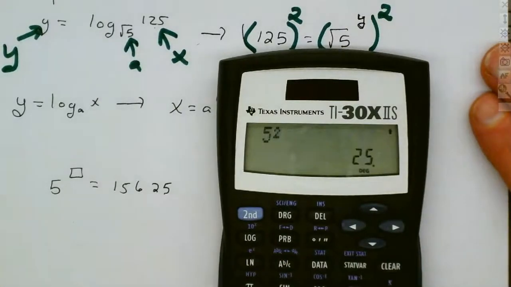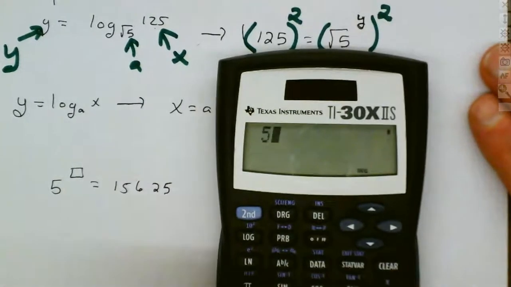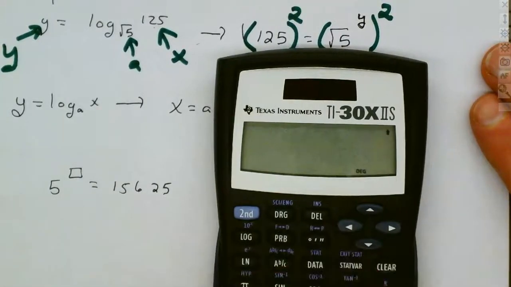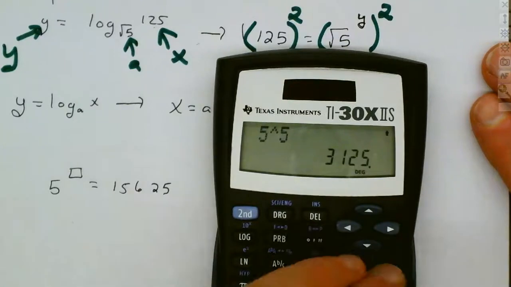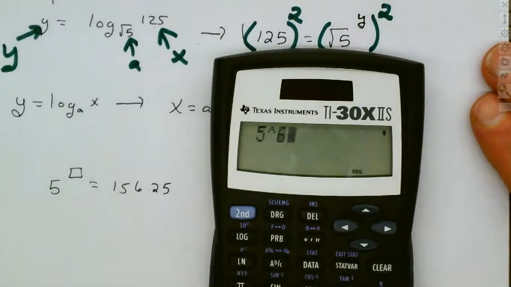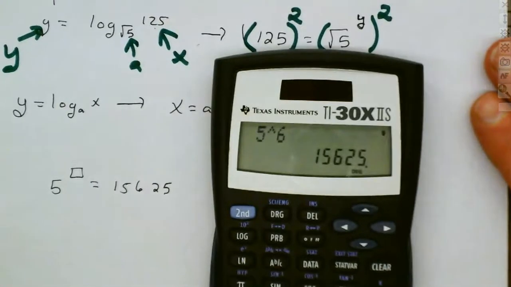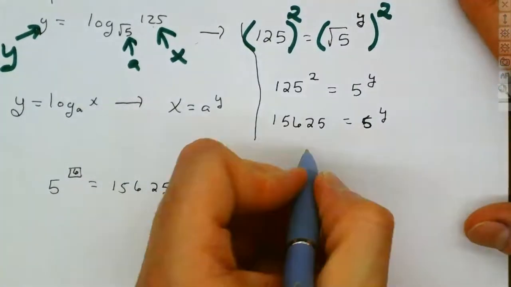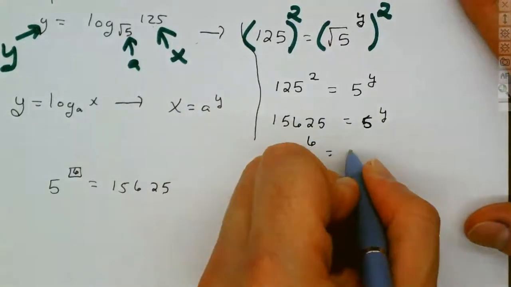Okay, 5 squared, 25 doesn't work. 5 cubed is what? 125. 5 to the 4th, we're getting closer. 625. 5 to the 5th power is what? 3125. And finally, 5 to the 6th power is going to be what? 15,625. So that means then that this can be converted into 5 to the 6th power.